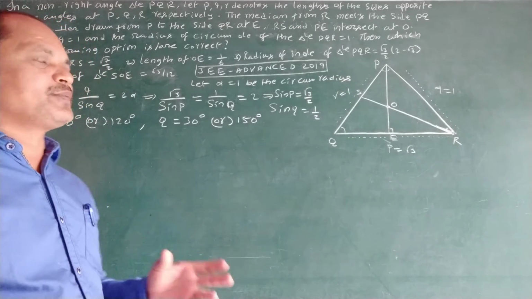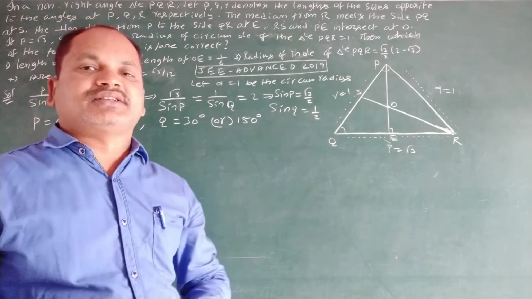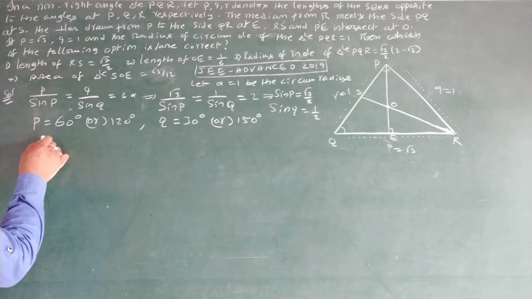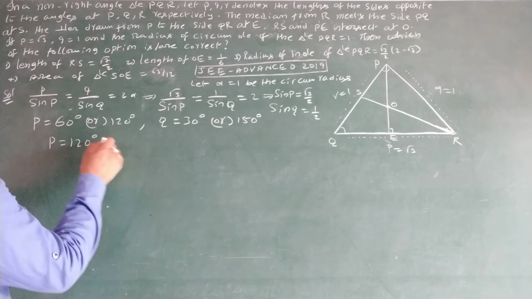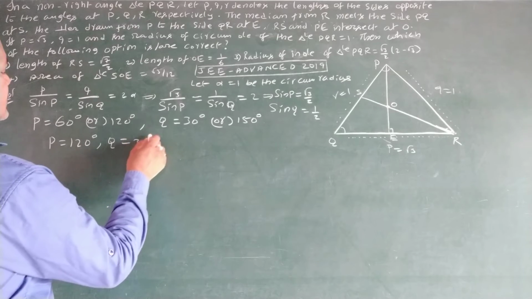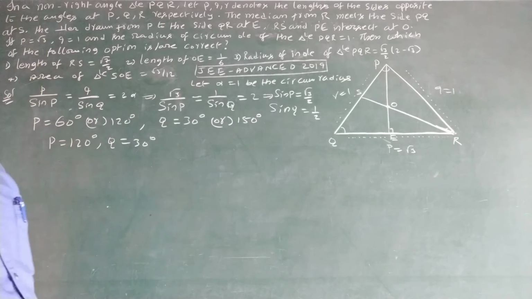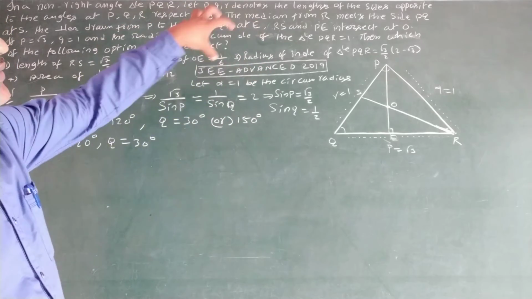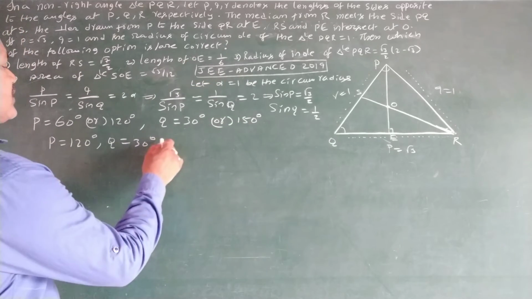Suppose the sum of two angles is 90, then the other angle is 90, so that's not correct. So if P is equal to 120 degrees, then Q is equal to 30 degrees. So we consider P 120, Q 30. These two angles satisfy the conditions of the question.